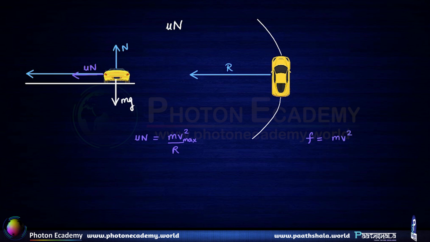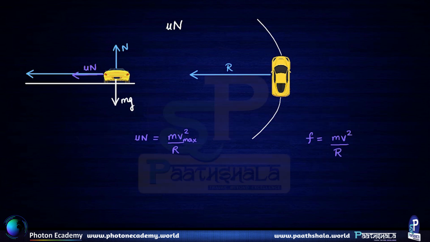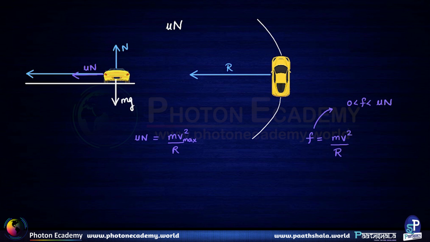Let us say the car is moving with a lesser velocity than the maximum velocity and it's not skidding, so friction will be provided as much as is required for the car to turn. So this value of friction can be anywhere between 0 and mu n. This is the normal case, wherein the car is not turning with max velocity but rather with a velocity lesser than the maximum possible velocity.